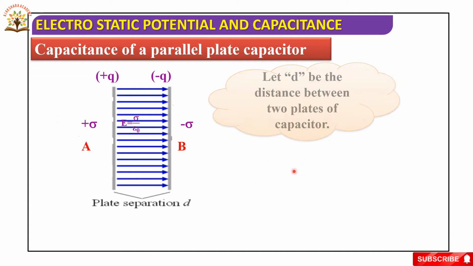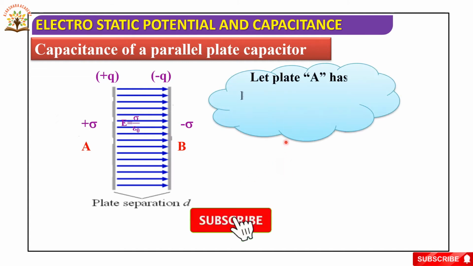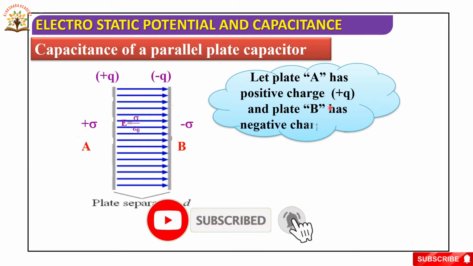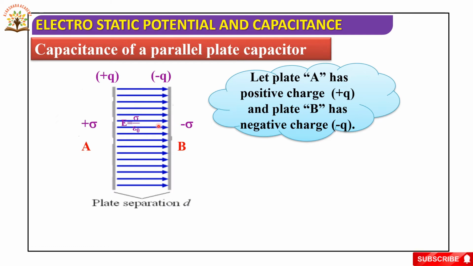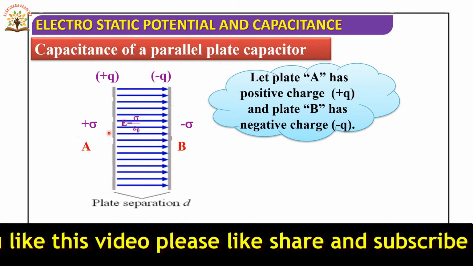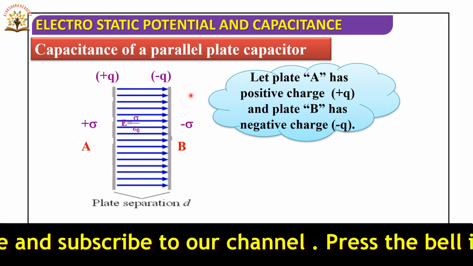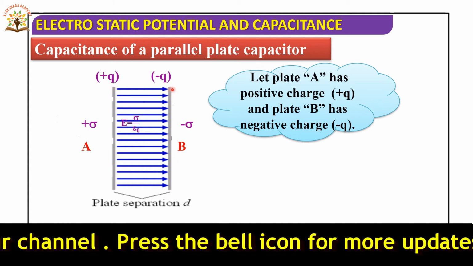Okay, next. Let plate A have positive charge and B have negative charge. This plate A has positive charge and plate B has negative charge.